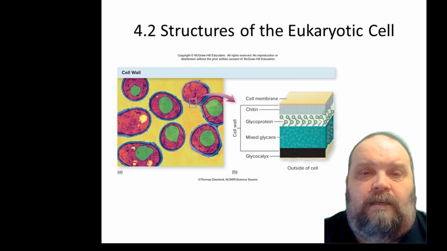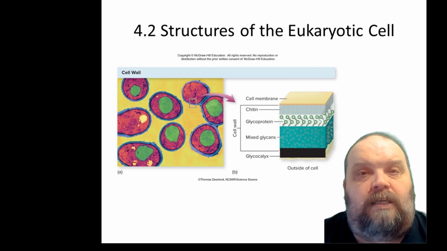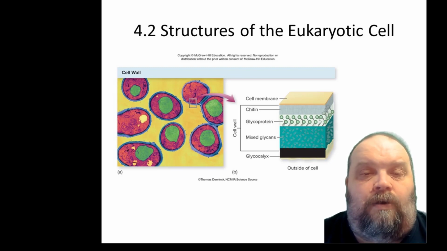So when you look at a fungal cell wall, you'll see there's the cell membrane. Right outside of that, chitin. Outside of that, a glycoprotein layer that is attached to some form of a glycocalyx, that protective outer coating. You can see this with some fungi that are single cell, like the yeast cells. You can see it with some protozoa.